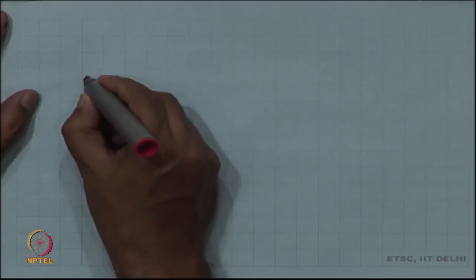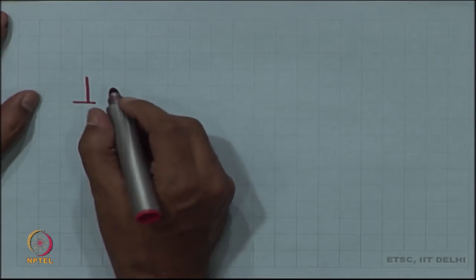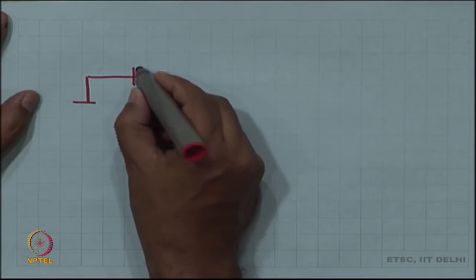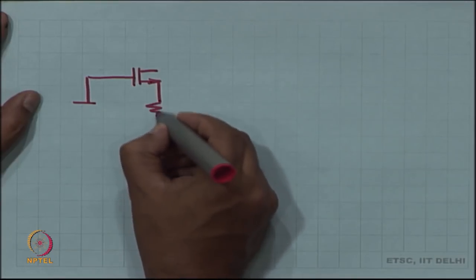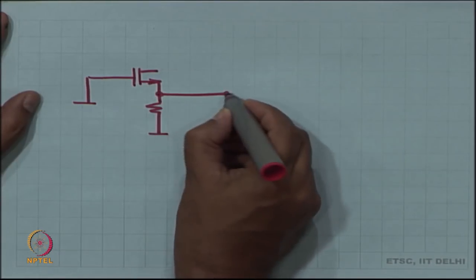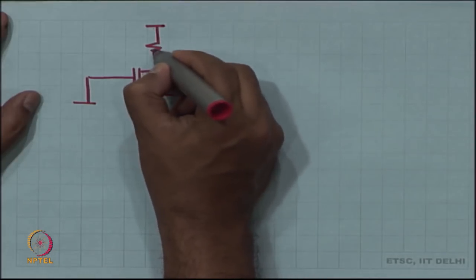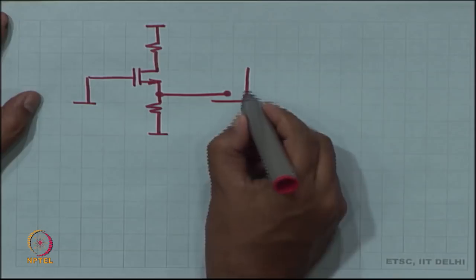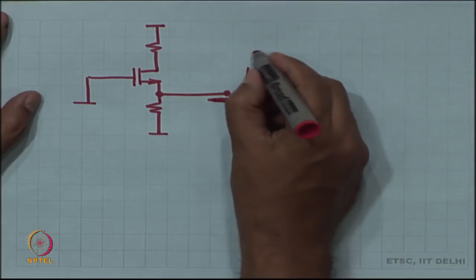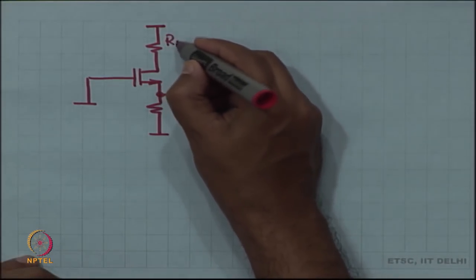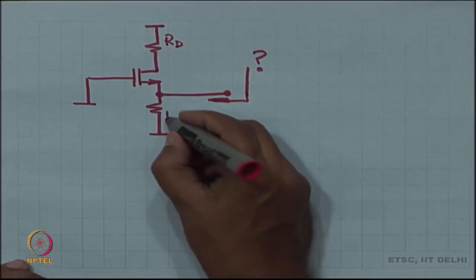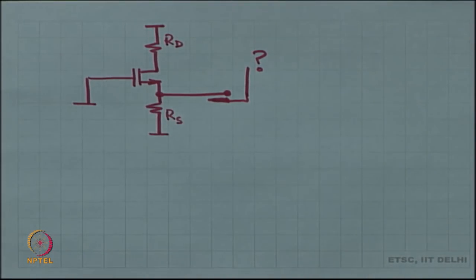So, what I want to know is what is the input impedance of my common gate circuit. All right.